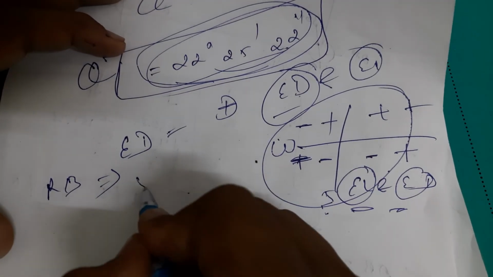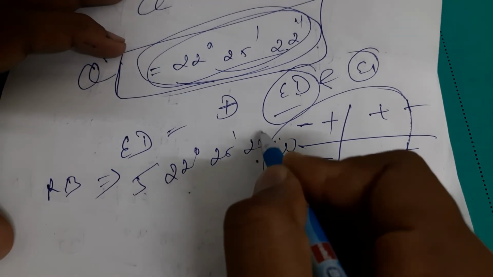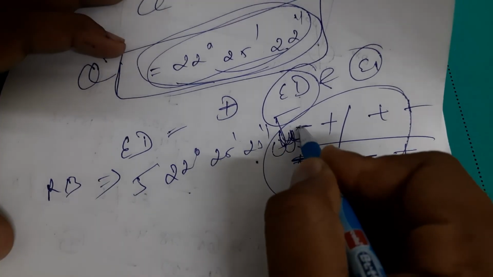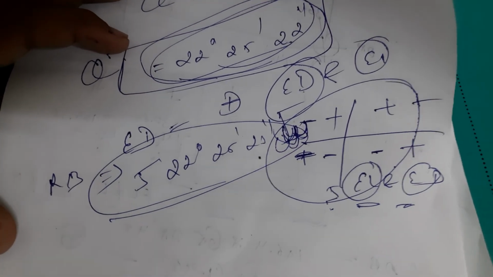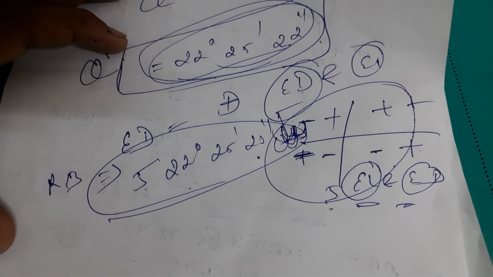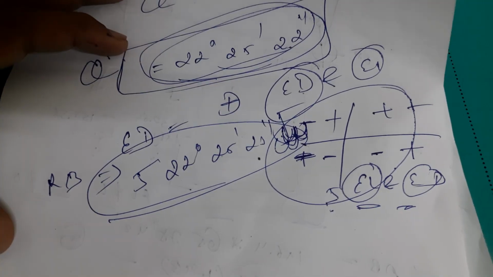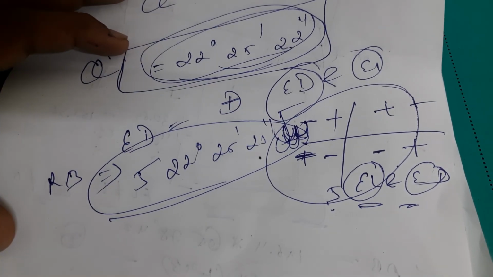Both are negative, so it is south 22 degrees 25 minutes 22 seconds towards west. This is your final answer in the reduced bearing method. Understood? That's why we need to find the reduced bearing.